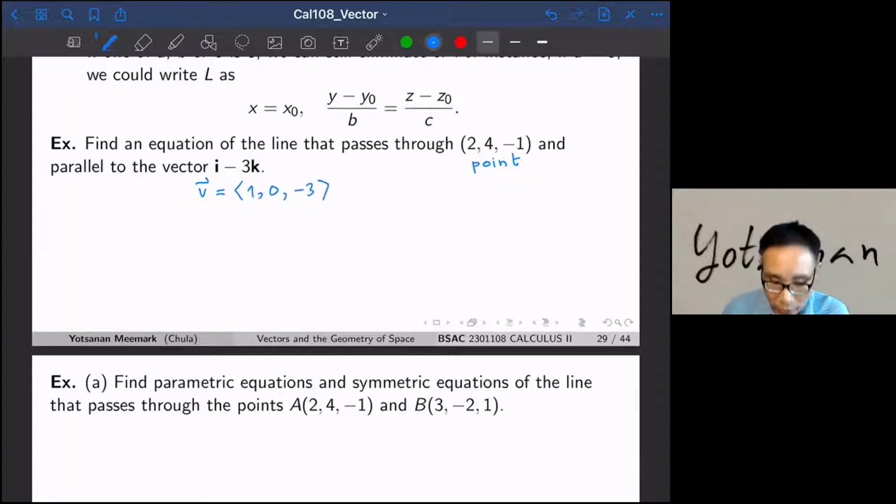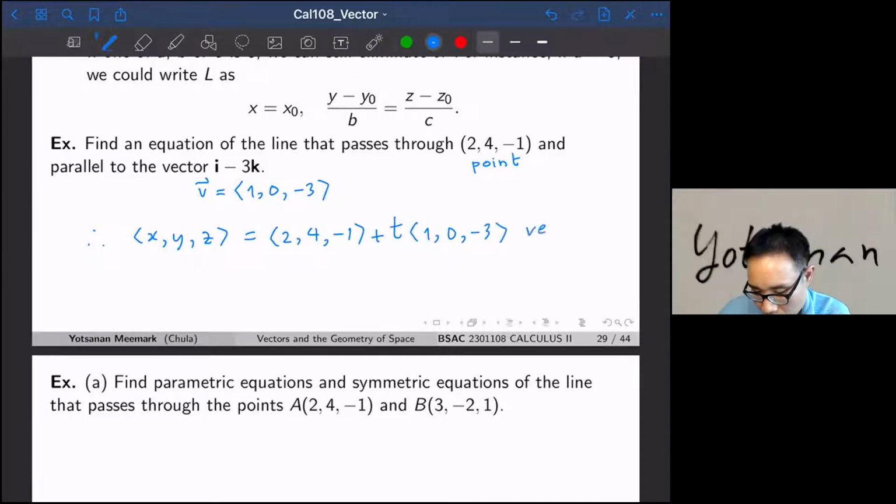So you just write x, y, z equal to the point 2, 4, -1, plus t times the vector 1, 0, -3. This is the vector equation.